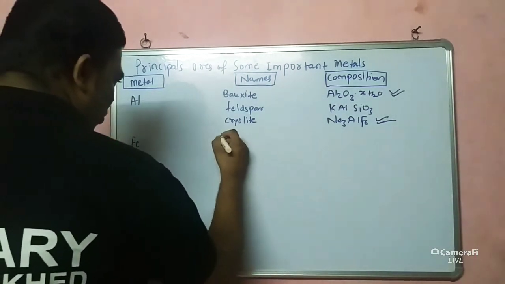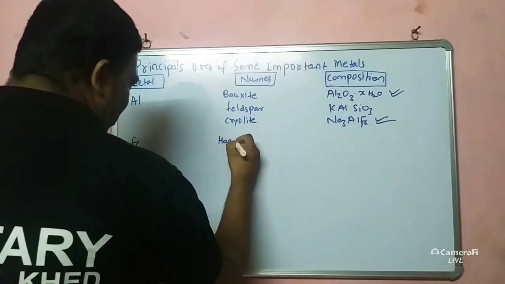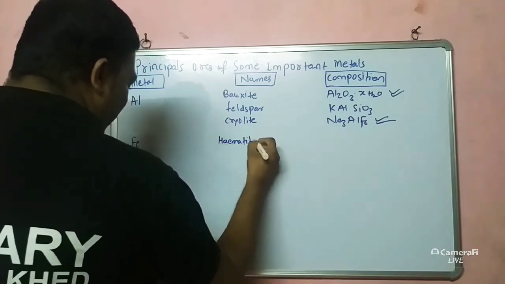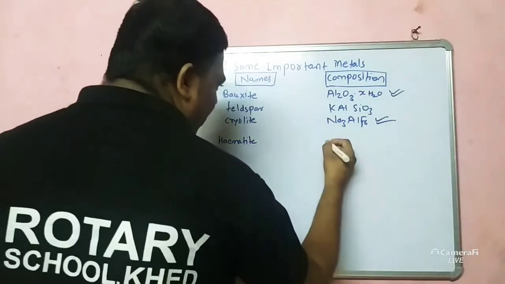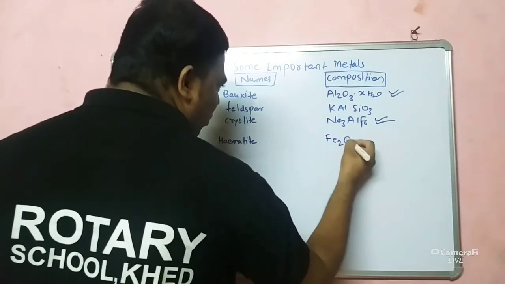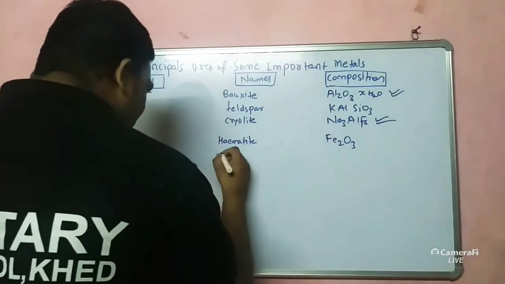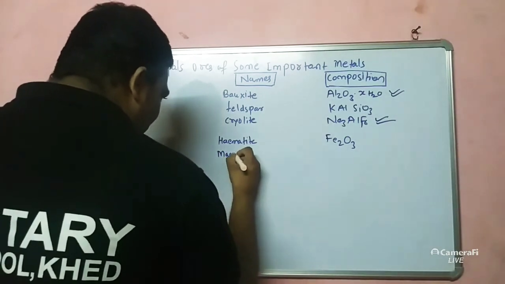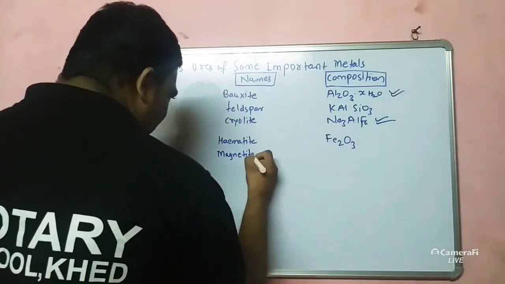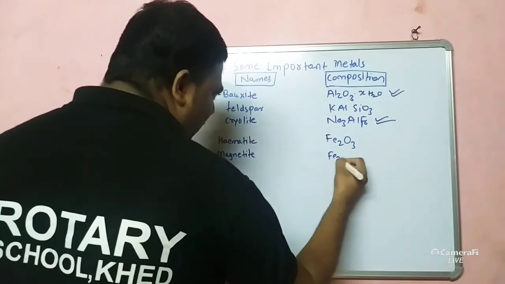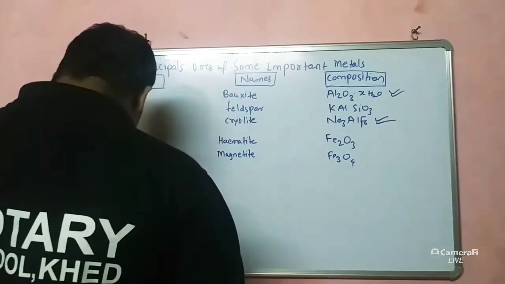See here iron, as you know, yes, hematite. You know the hematite formula, yes, Fe2O3. Thereafter, as you know, magnetite, Fe3O4.